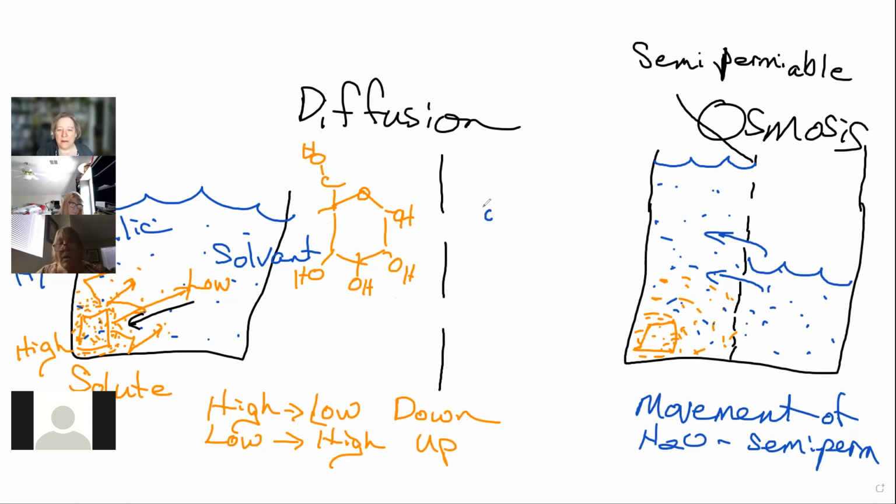Water, on the other hand, is a much smaller molecule. So the water here can go out, and in theory it can move back and forth however it likes, because it's smaller. But once it comes over here, it's going to hydrogen bond with the sugar.